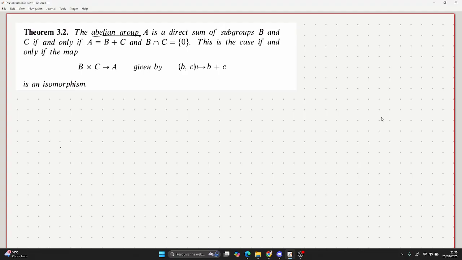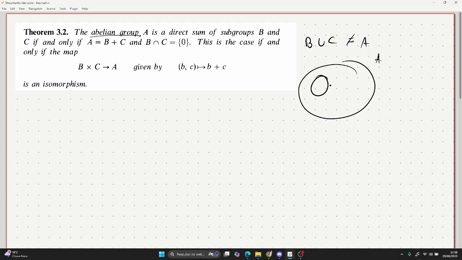So let's see the case where B plus C is not equal to A. Let's talk about sets now. B union C is different than A. So we have A, we have a subgroup B, and a subgroup C. The intersection between them can be empty, only 0, or not empty, it doesn't matter.